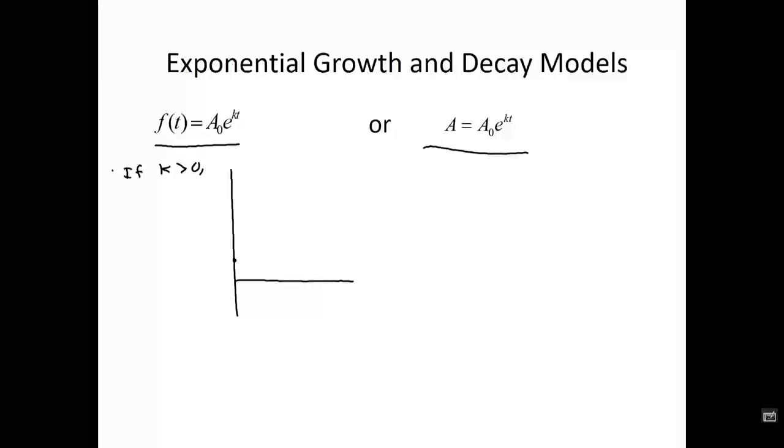A sub 0 represents the original amount or size of the growing entity at time t equal to 0. So graphically, let's say the original amount is a sub 0. When k is greater than 0, we have exponential growth, and we see that the function is increasing.